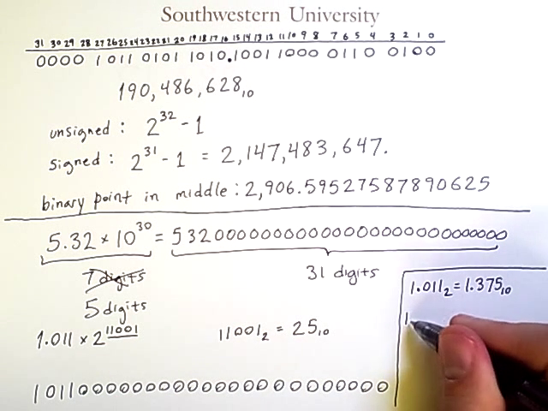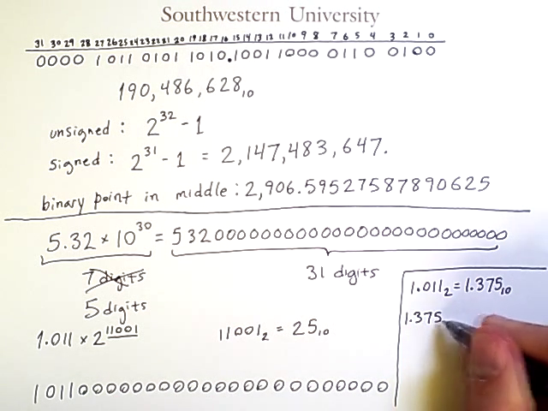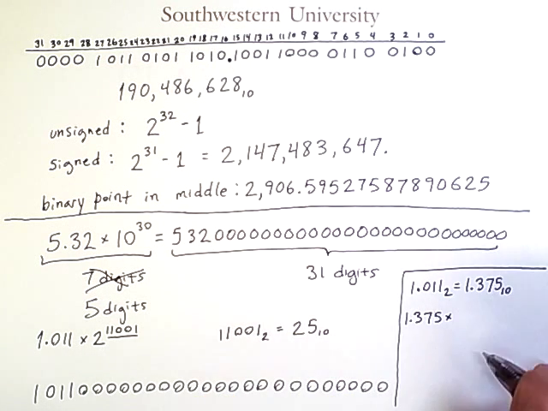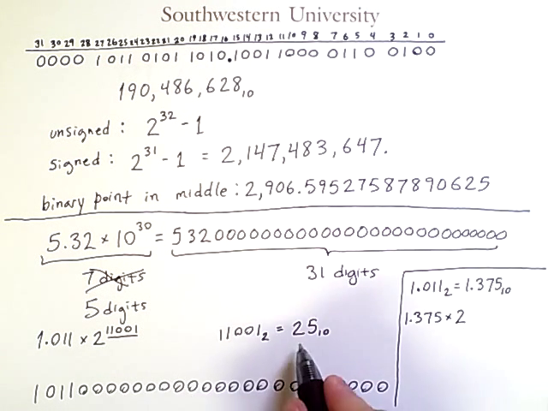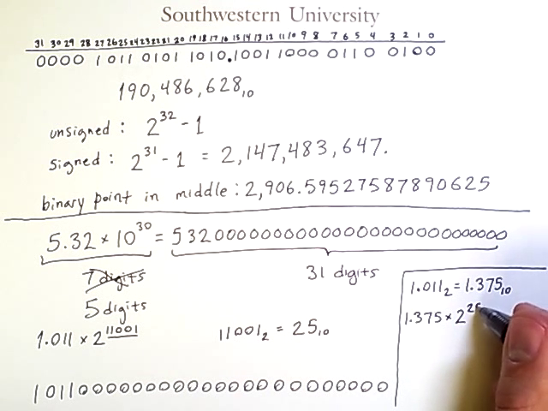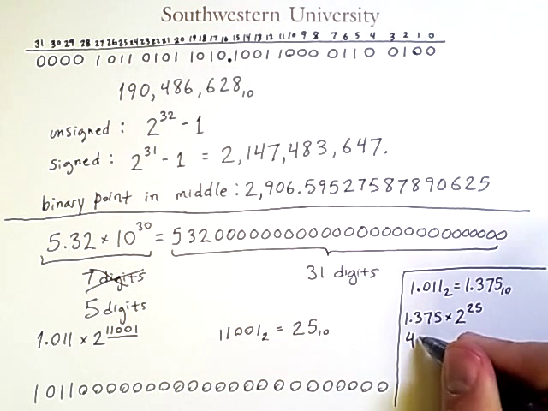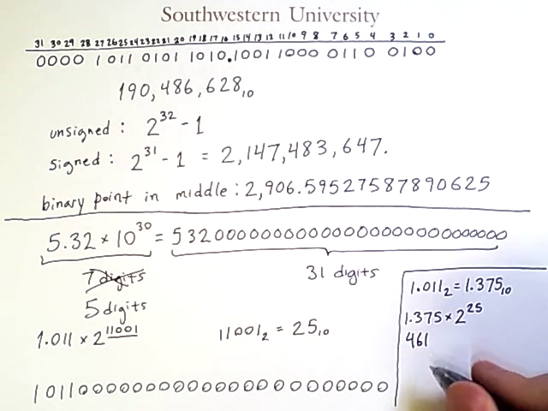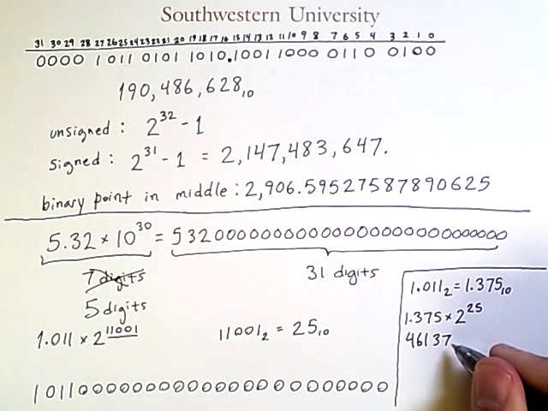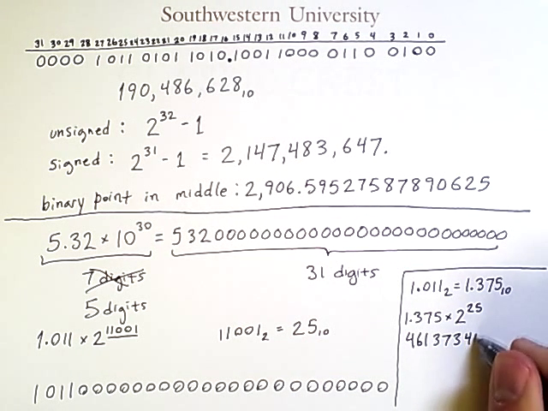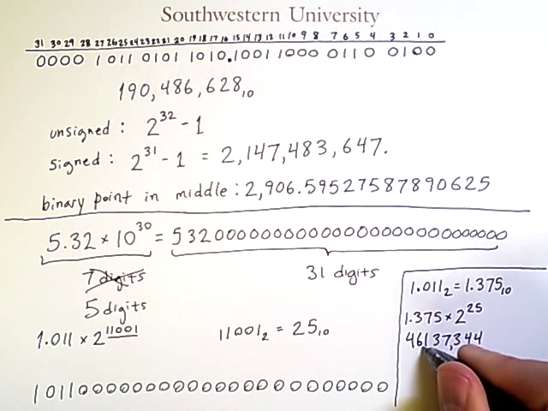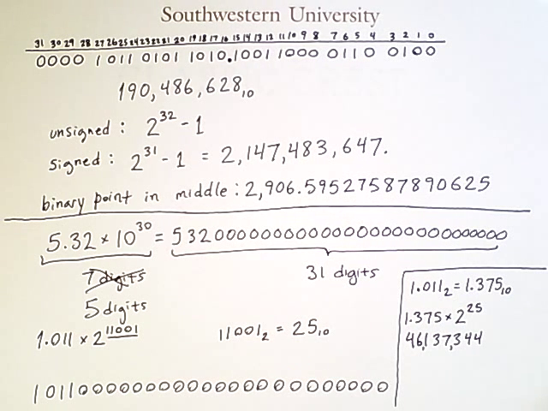And if we do 1.375 times 2 raised to 25, the result will be 46,137,344. Now we can check this by taking this number and converting it into decimal.